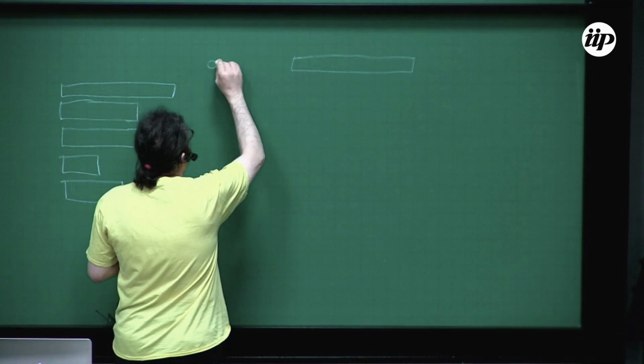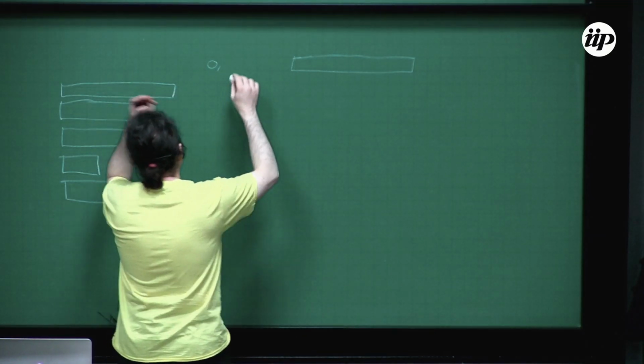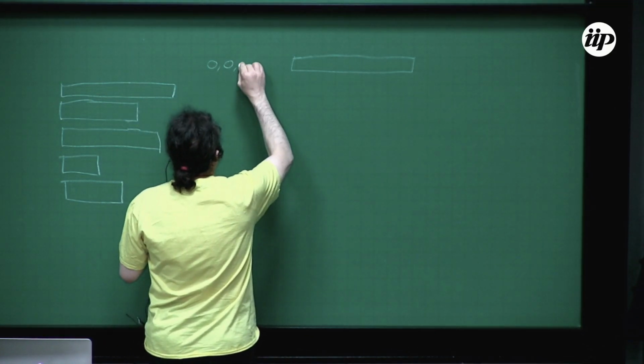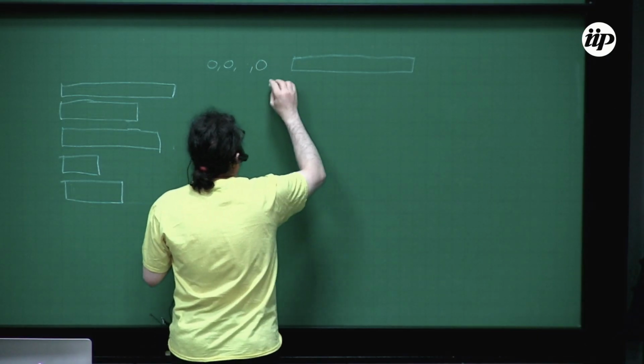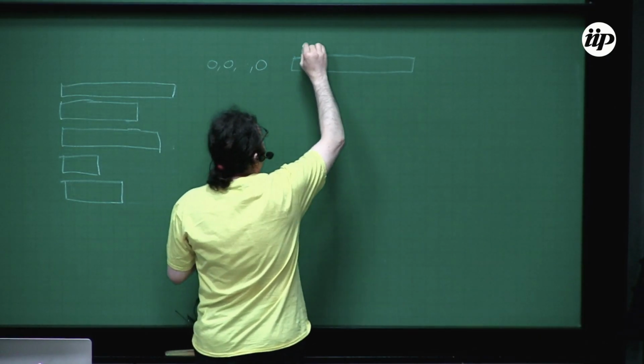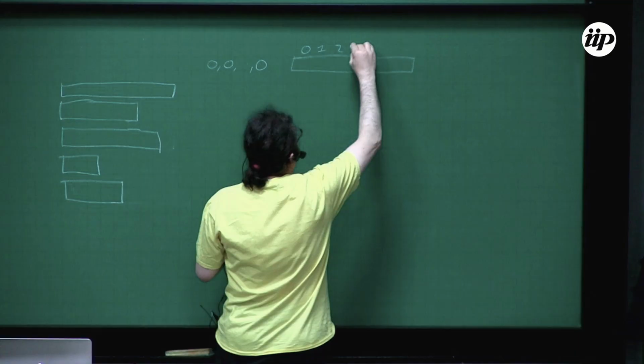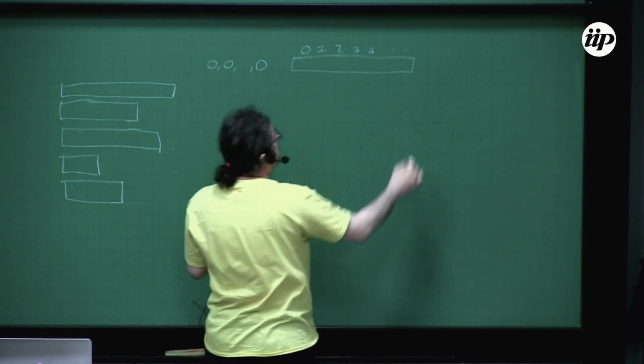So this is like 0, 0, dot, dot, dot, 0, and then here you have 0, 1, 2, 3, 4, etc.